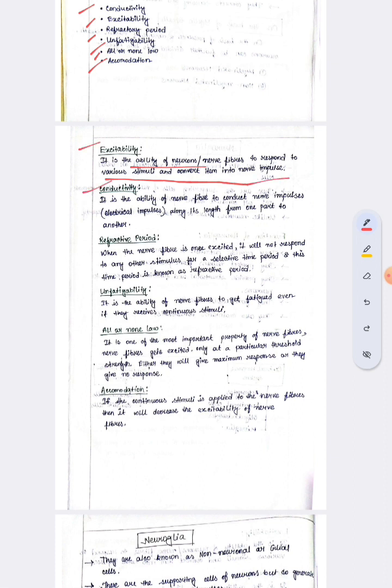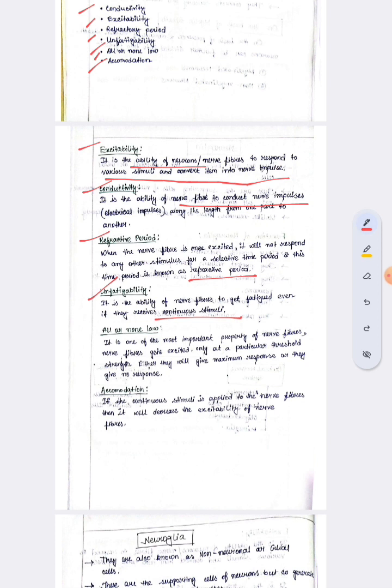Conductivity is the ability of nerve fiber to conduct nerve impulse along its length. Refractory period: when the nerve fiber is once excited, it will not respond to any other stimulus for a certain time period, and this time period is known as the refractory period. Fatigability is the ability of nerve fibers to get fatigued even if they receive continuous stimuli.